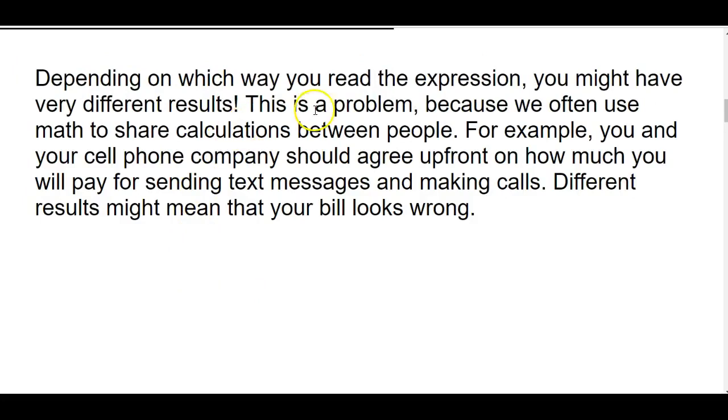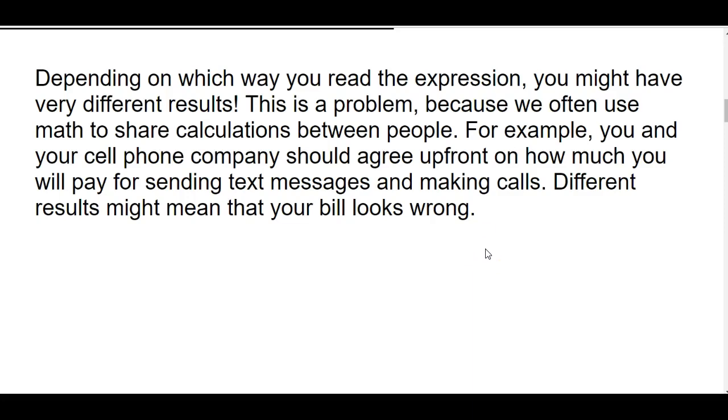All right. Now remember, depending on which way you read the expression, you could have very different results. This is a problem because we often use math to share calculations. For example, you and your cell phone company should agree up front on how much you will pay for sending texts and making calls. And if you and your company look at things differently, you'll obviously get a bill that's off.